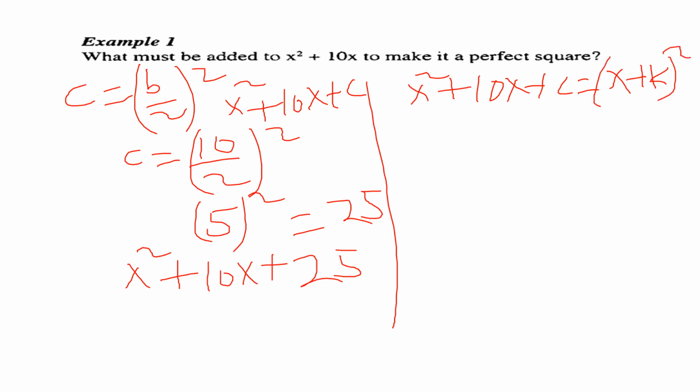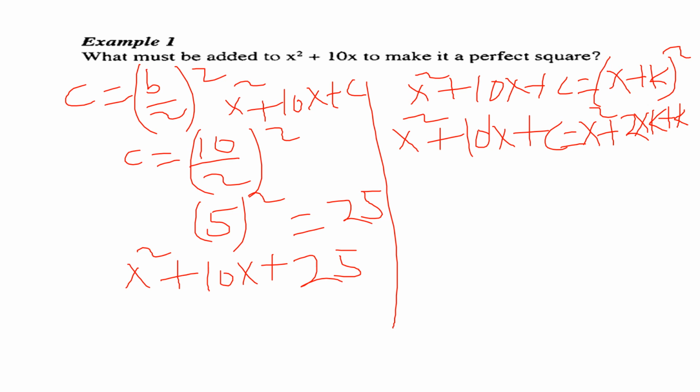And remember, you can expand that. So we have x squared plus 10x plus c. This will be given by x squared plus 2xk and then plus k squared.